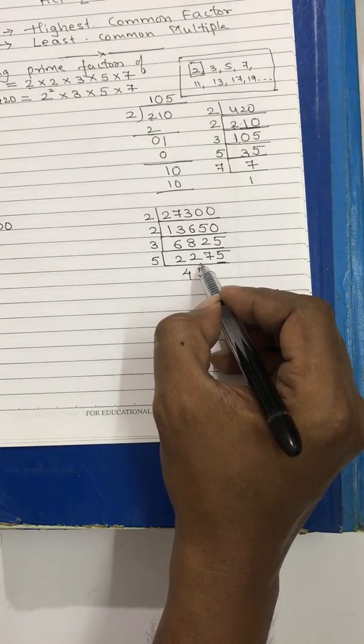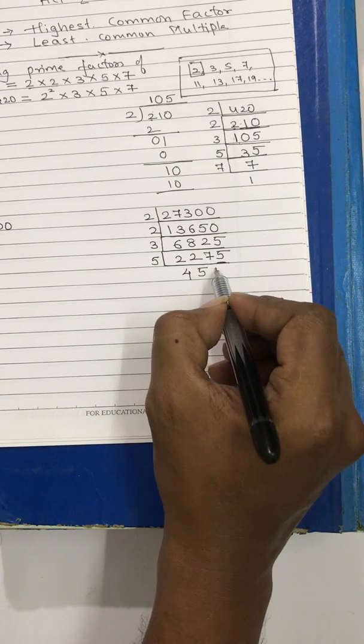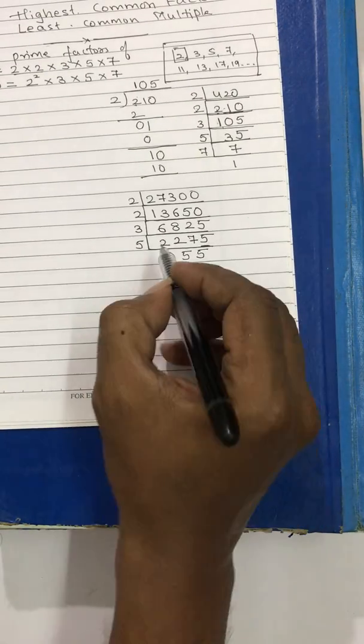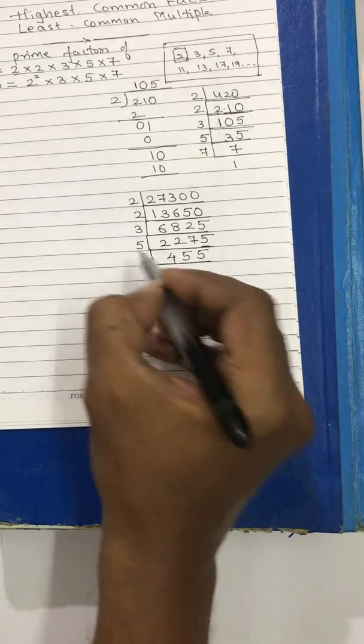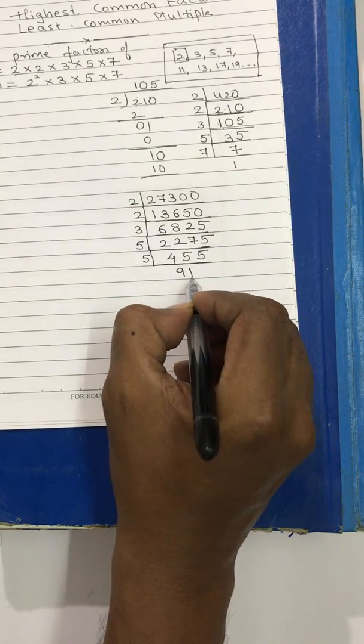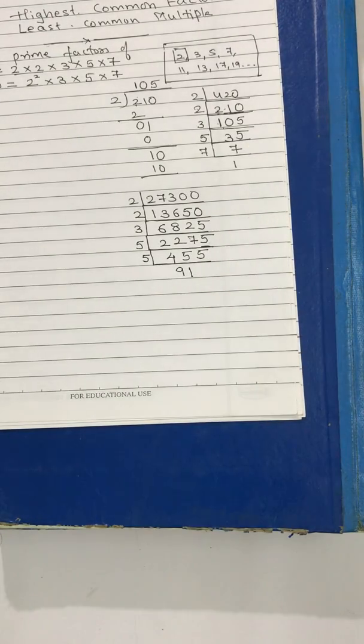27 minus 25 will give me 2. So this will be 25 over here. 5 5s are 25. So again this is divisible by 5. 5 9s are 45. 5 1s are 5. Now this is not divisible by 5. Now 91 will not be divisible by 5 any further.